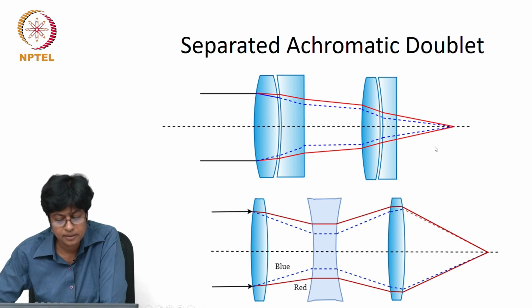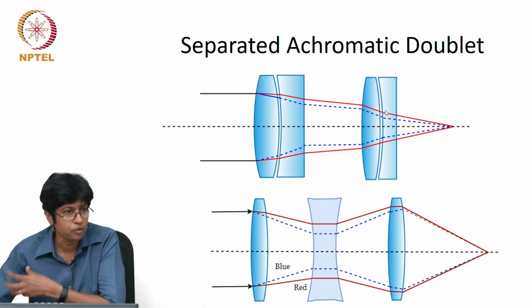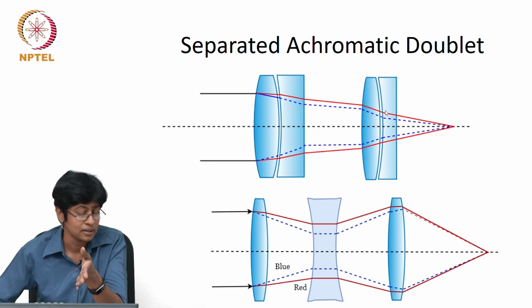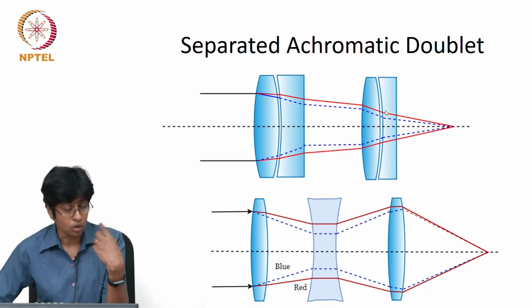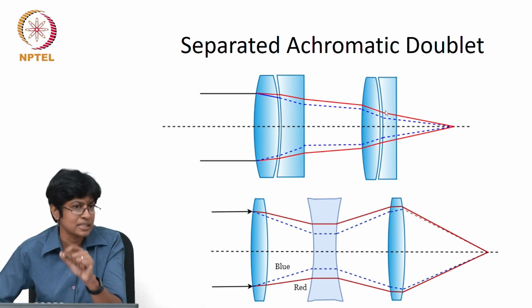Now, you might ask, if two elements does the job, why go for more and more? But the question is, two elements doesn't always do the job. Why don't I always go for more elements then? Because of course the design complexity increases.